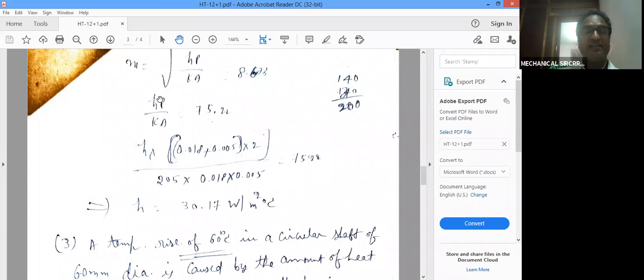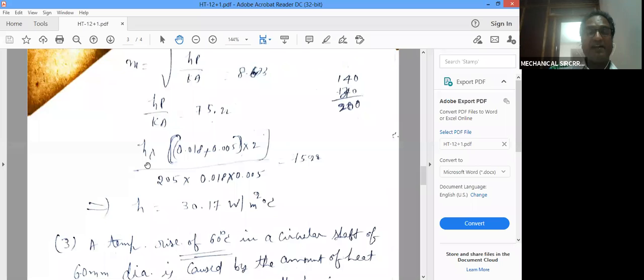So H into the perimeter, 2 into B plus T, for a rectangular fin. Width 18 mm, 0.018 meter, plus thickness 0.005, into 2. That is the perimeter.